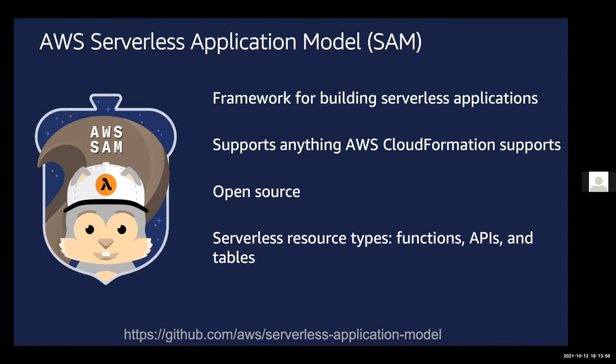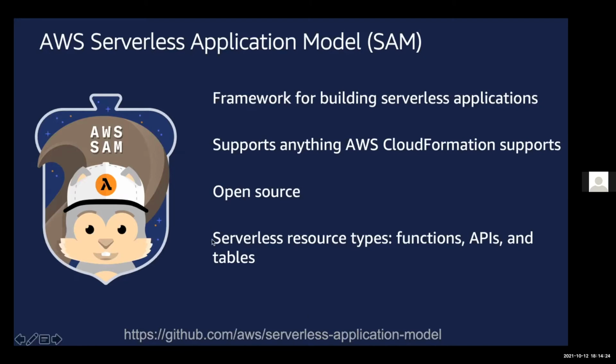It is also open source, so you can do pull requests and create issues, and I'd advocate you doing that. If you have any issues or ideas about how to extend SAM, you can certainly do that with our open source community.